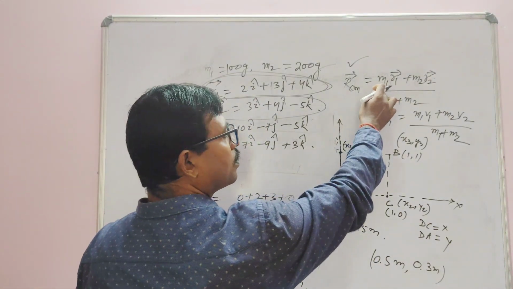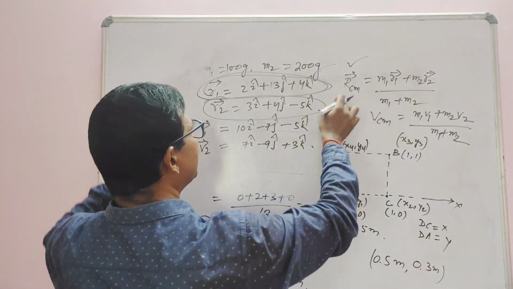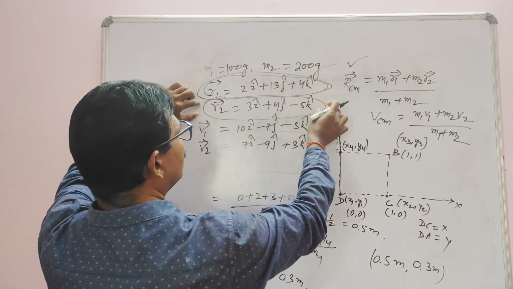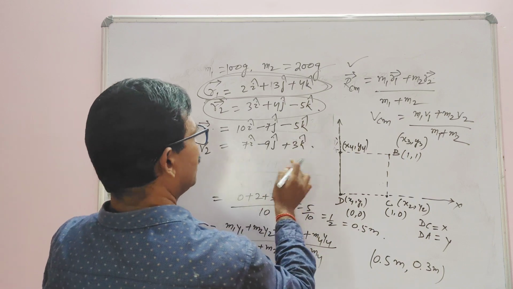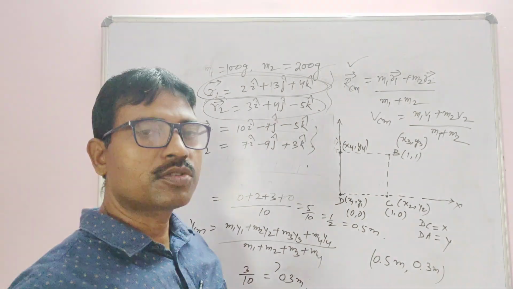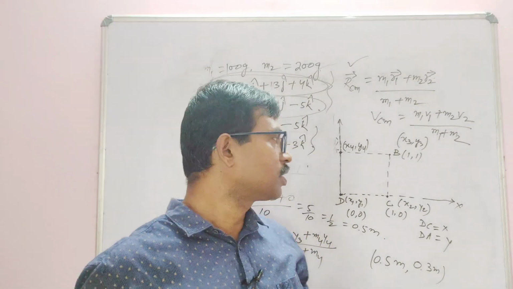Just put the values. So don't think that sir is not doing that one. M1 you practice yourself, M1 into this one, M2 into this one. Similarly, M1 into this one plus M2 into this one. You will get those coordinates. In this way, you have to calculate the center of mass of the system.